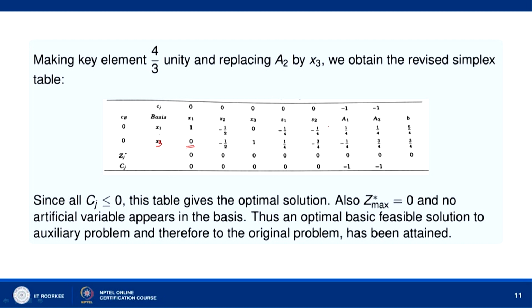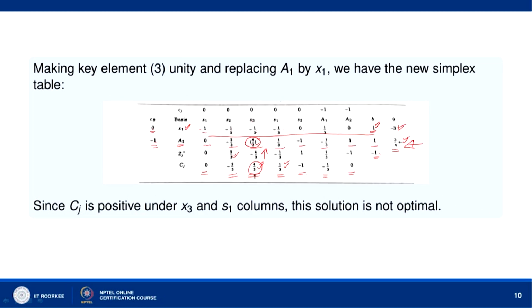So, what we have here now, the elements of the key row are divided by 4 by 3. So, minus 2 by 3 into 3 by 4, so we get minus half. This element will become minus half, this will become 1, and this will become 1 by 3 into 3 by 4, 1 by 4.